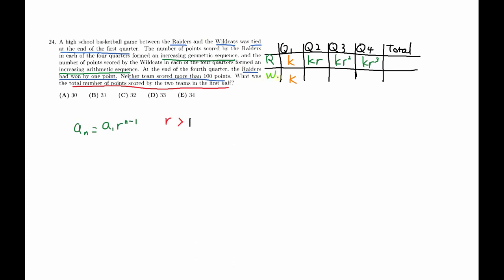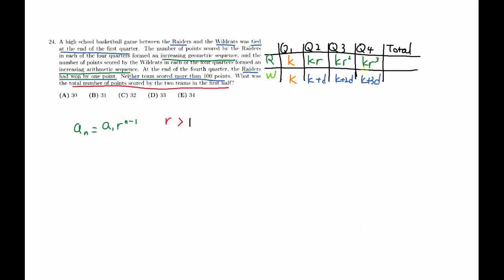Now moving to our Wildcats, who take the arithmetic sequence. An arithmetic sequence takes a common difference in each successive term. So I'm going to write k plus d, k plus 2d, k plus 3d. That's very common. And let's write our totals.